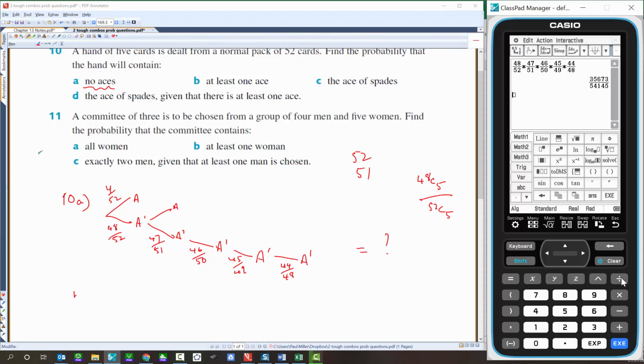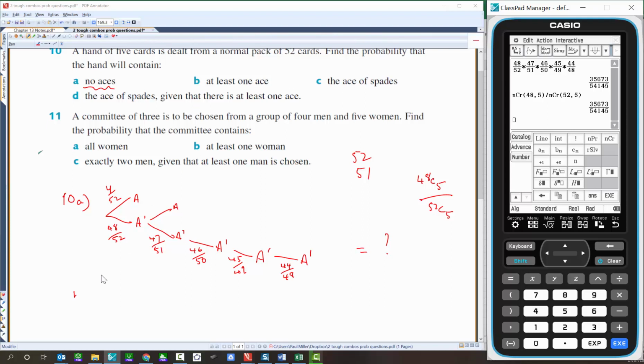We get that, or we can go through advance NCR 48,5 over NCR 52,5. Right, so exactly the same thing there.